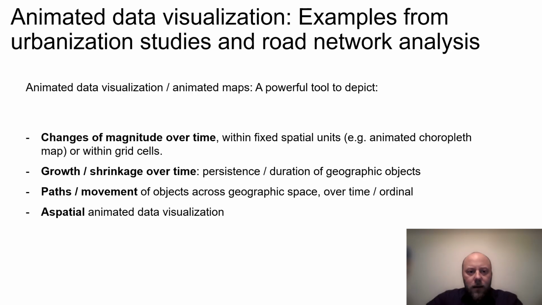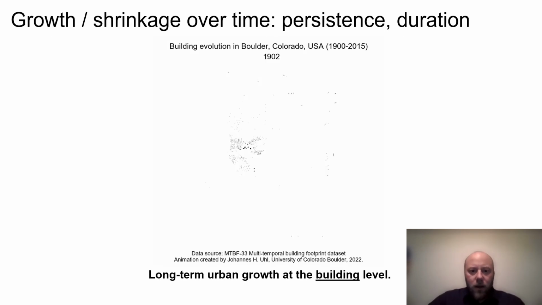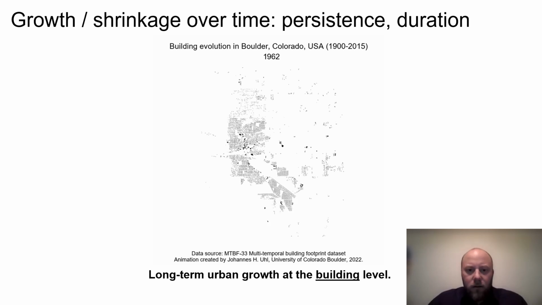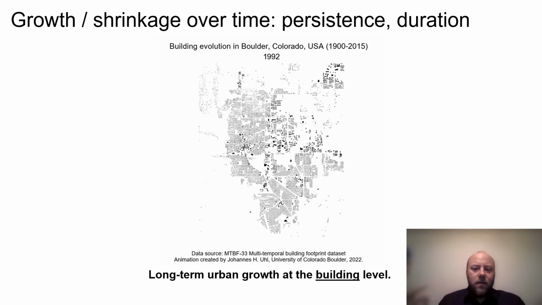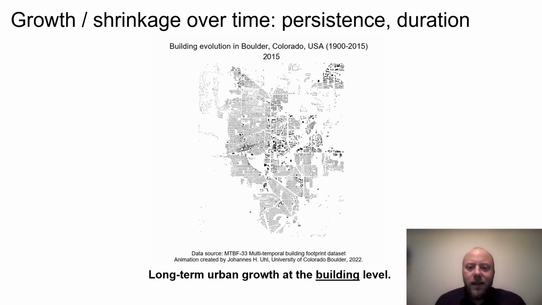Then a second type of animated data visualization is to depict the growth and shrinkage of geographic or spatial objects over time. As an example here, this is actually the reference data that we used in the previously discussed accuracy assessment.